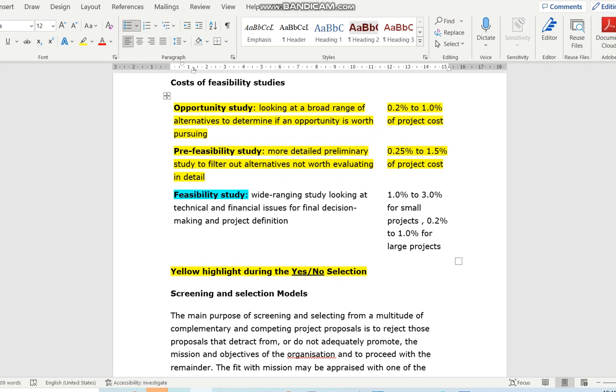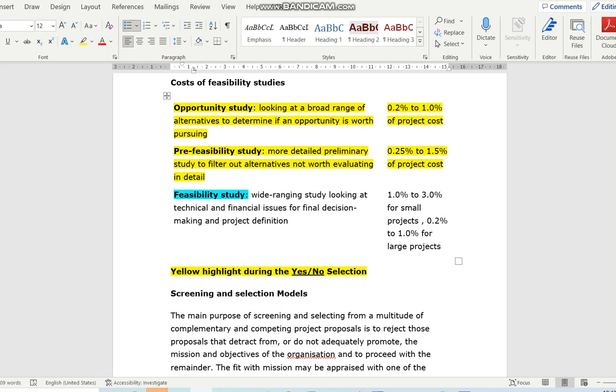Then it's situation based: different projects, different needs, different circumstances will bring about a different sort of study. So in this earlier stage, we will always do the opportunity study, and the pre-feasibility study is a bit more detailed in terms of facts, findings and data collection. So then we do these studies to see if it's a yes or no.